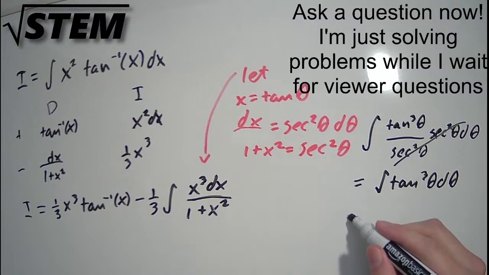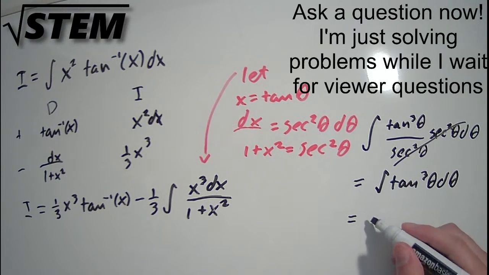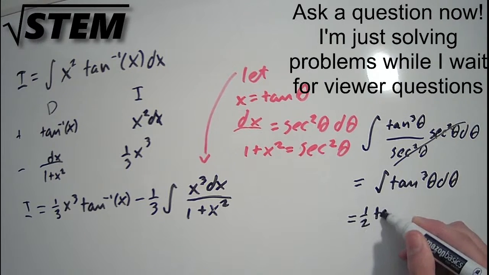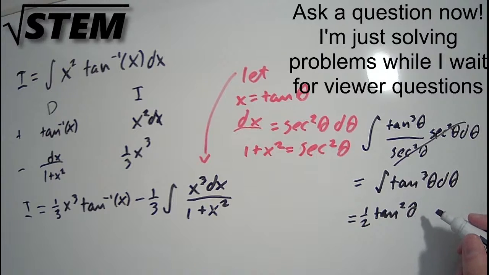So this is, what did I say? 1/2 tangent squared of theta plus natural log of the absolute value of cosine of theta plus c.